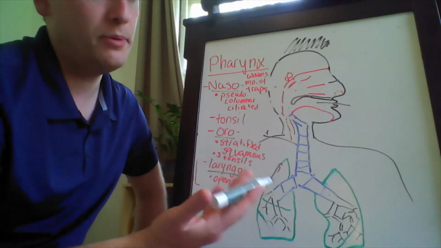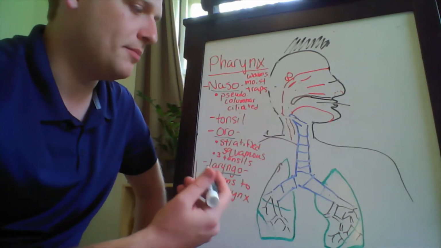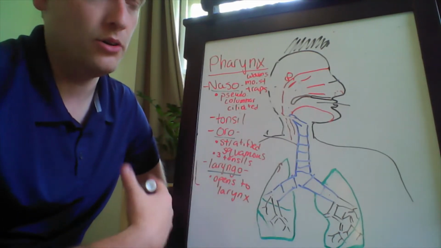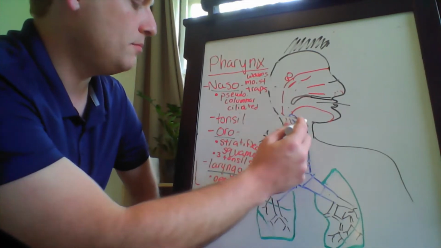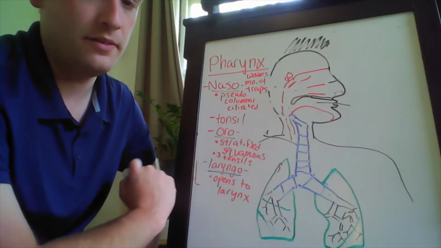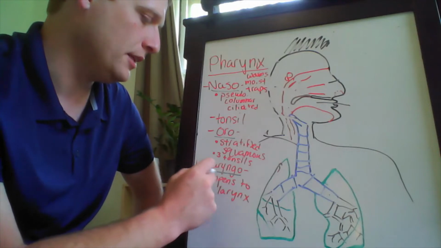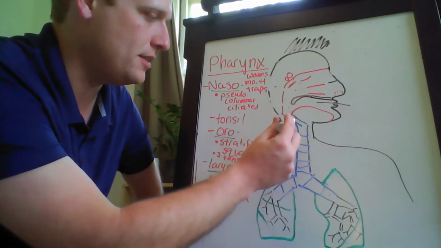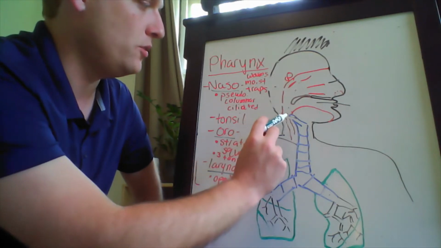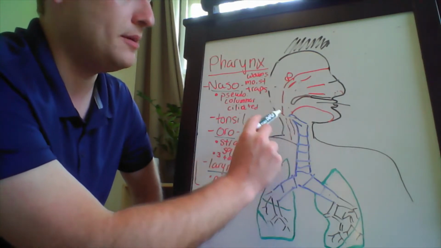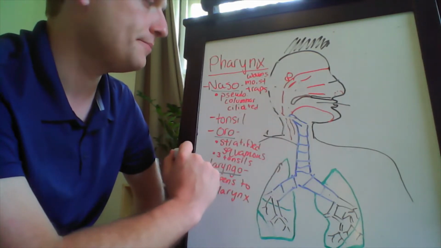So sometimes people get their tonsils removed, other times you just take an antibiotic and hope the infection passes. And then the final part of the pharynx or the throat is the laryngopharynx, which just opens up to the larynx and allows air to pass into the larynx.